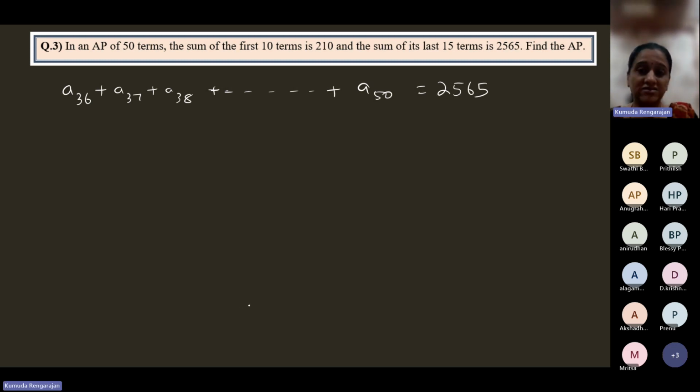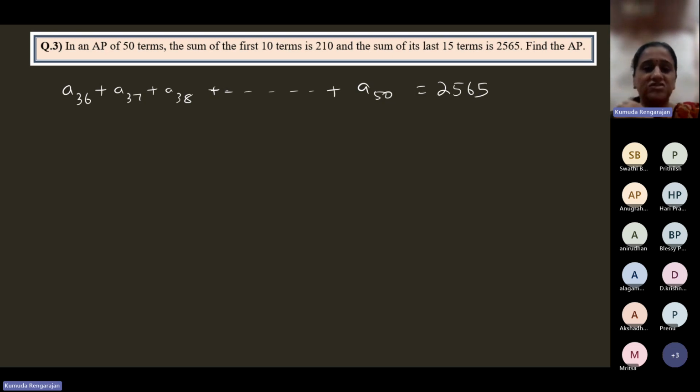The first term of the last 15 terms is A36. If you count from the 36th term to the 50th term, you will have 15 terms.